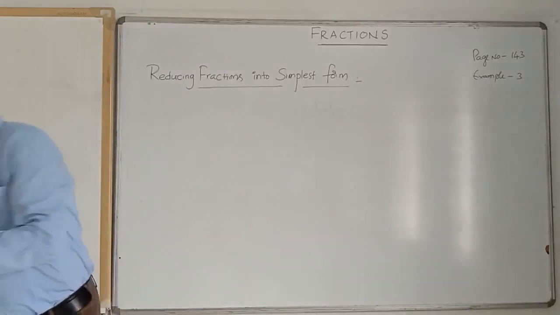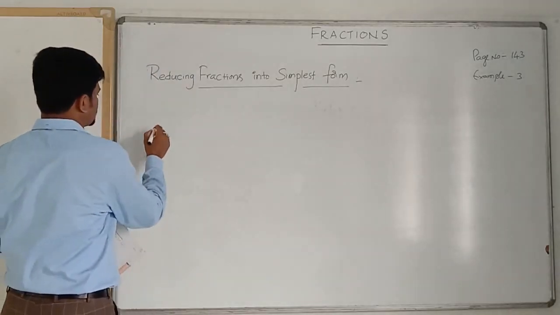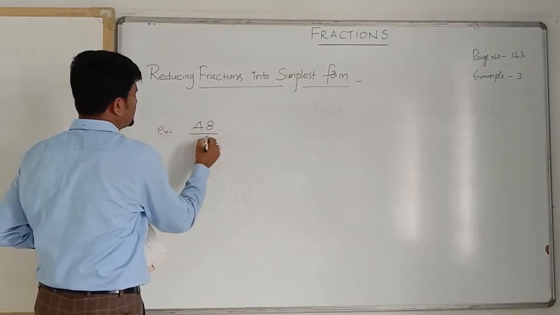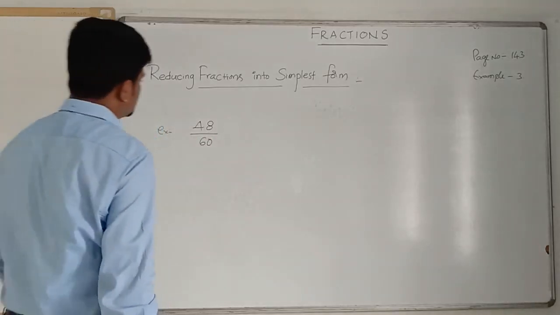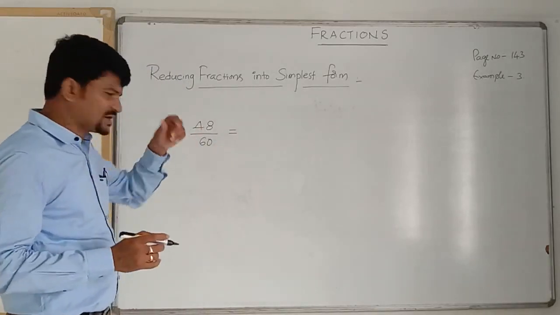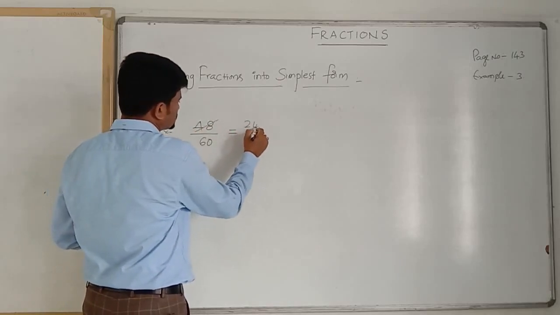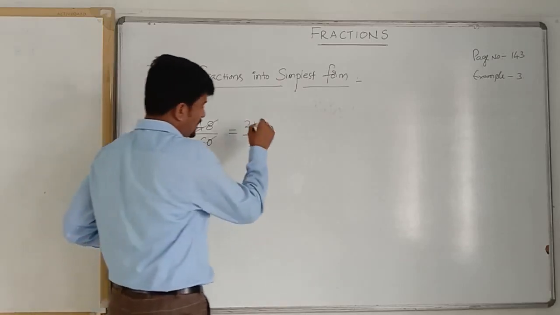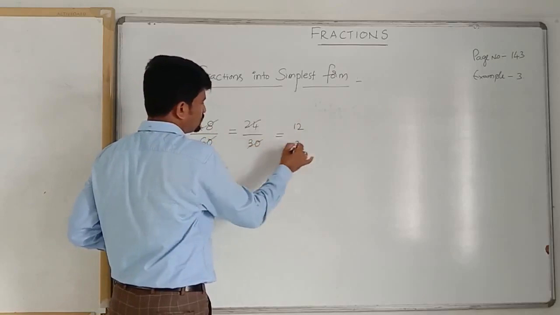Okay, directly I will tell you here. For example, 48 by 60. See, 2 is the common factor for both. Means 2 24s and 2 30s. Am I right? Again, still we can cut, 2 12s, 2 15s.